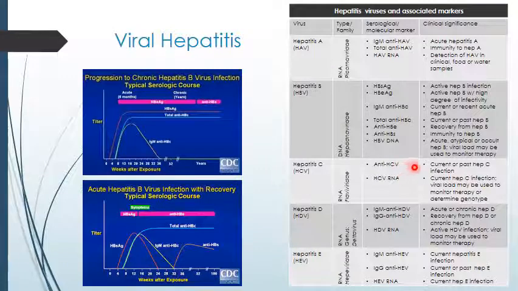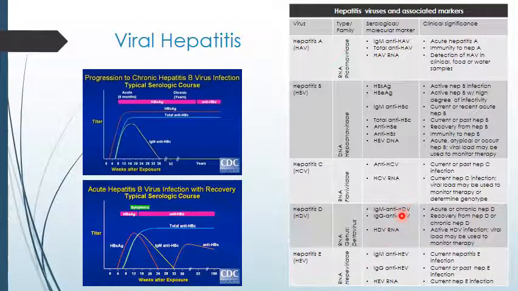And so now the blood bank has not changed their protocols for what they'll accept yet, but they may. But at this point for testing, an anti-HCV is our best test for hepatitis. And then we would back that up. We would verify that with RNA testing.